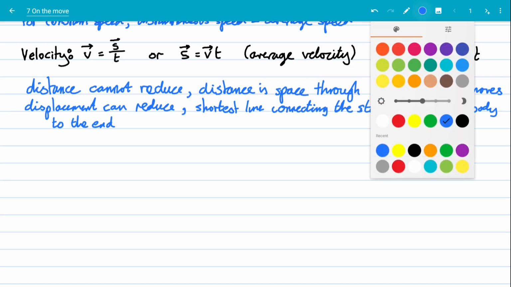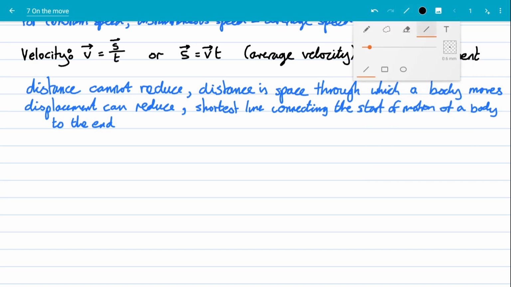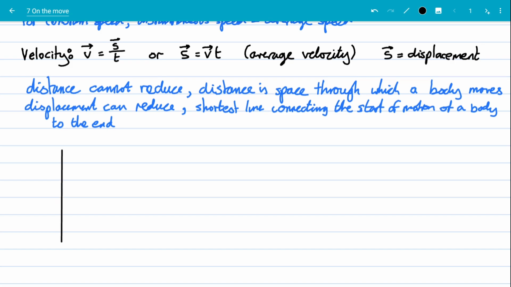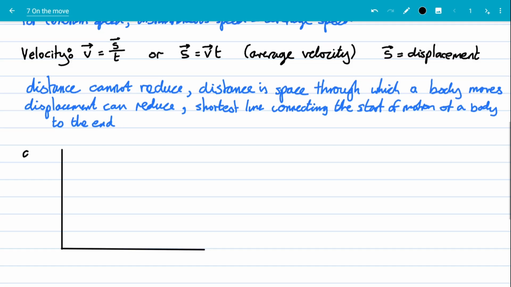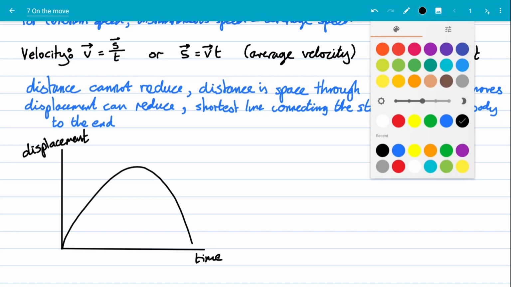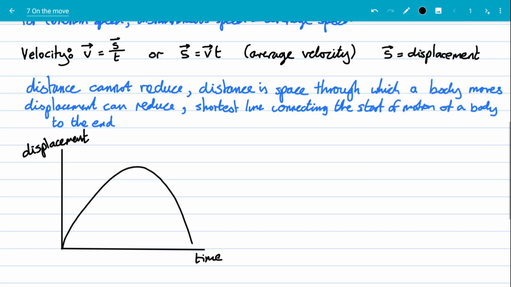So if I had a displacement time graph, it might look something like this. I'm going to label these displacement and time. Maybe we've got a graph where the data does something like that. Then we could say the velocity is equal to the gradient of this line.